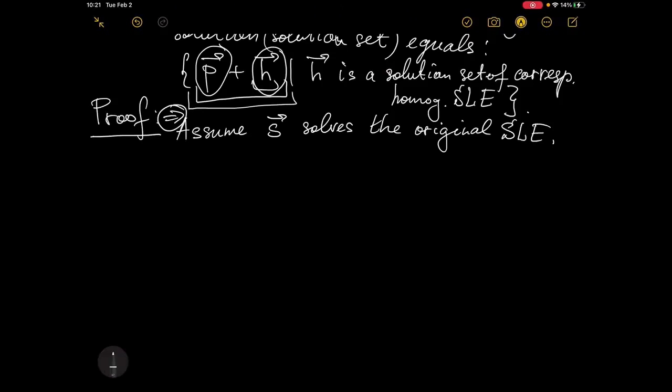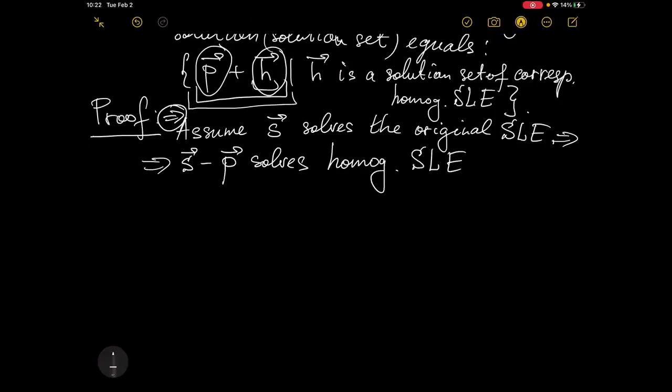Then S minus P, where P is a particular solution, solves the homogeneous system of linear equations.